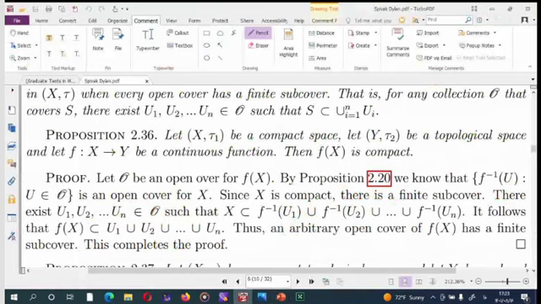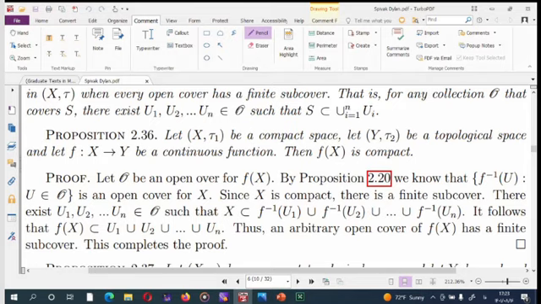Now let's pay attention again. Let O be an open cover for f of X. By proposition 2.20, we know that all these sets are open too. Since X is compact, there is a finite subcover for this open cover of X, such as U1, U2 up to Un, okay?